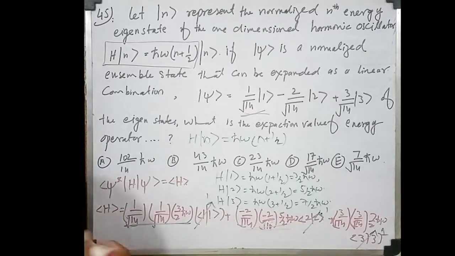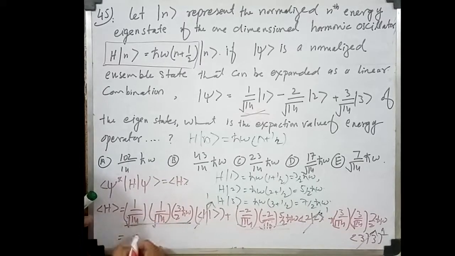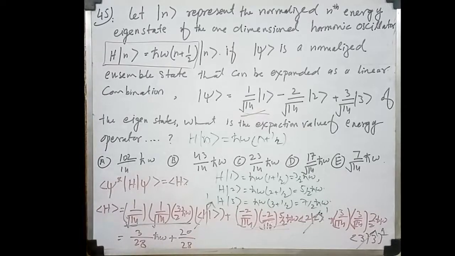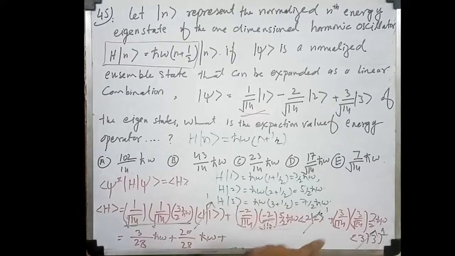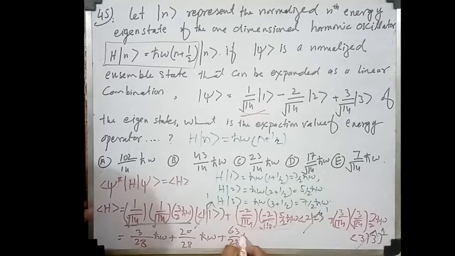If I multiply these, this becomes 3 divided by square root of 14 times square root of 14 multiplied by 2, which is 28, ħω. Plus minus 2 into minus 2 is plus 4, multiplied by 5, which is 20, divided by square root of 14 into square root of 14 into 2, which is also 28, ħω. Plus 9 multiplied by 7, which is equal to 63, divided by 28, ħω.